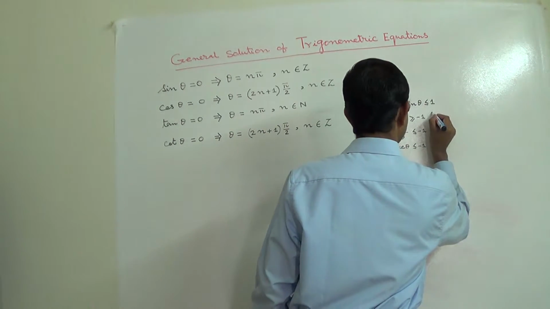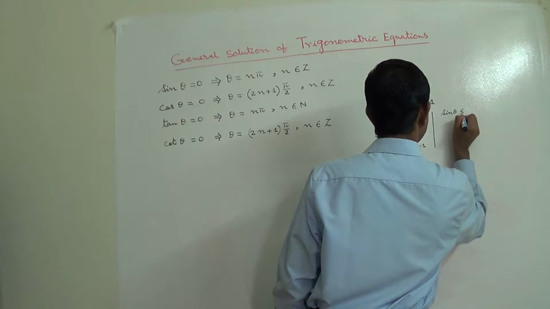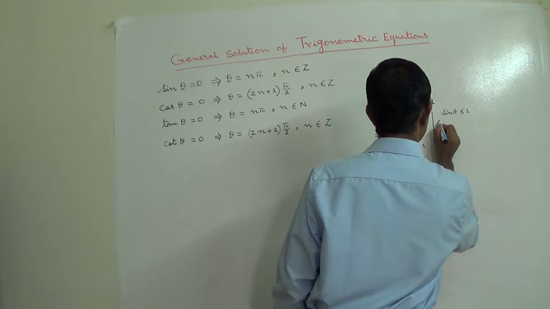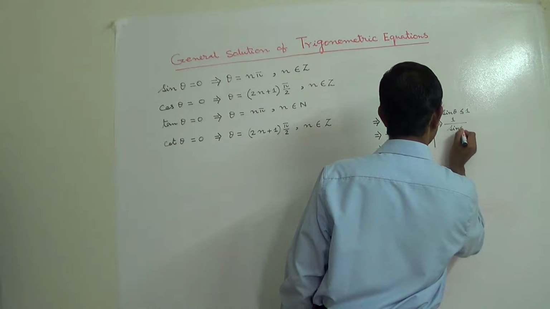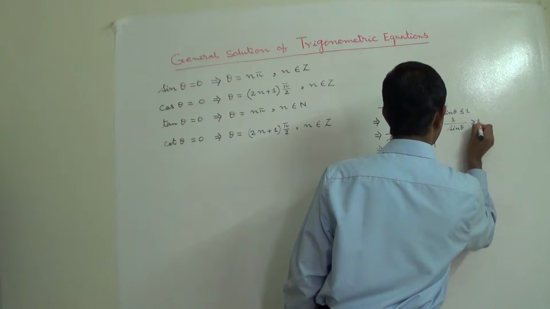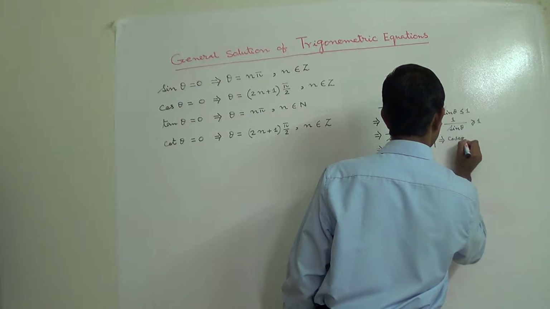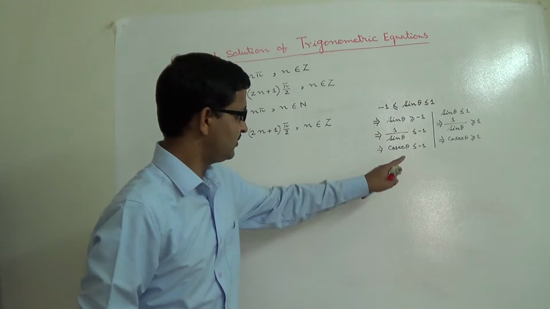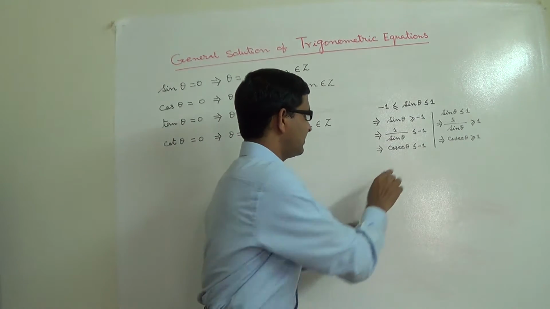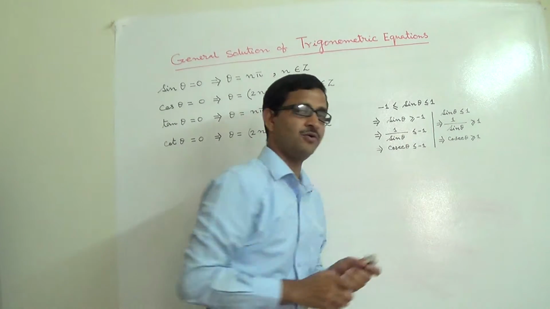And in a similar manner, we can say that sin theta is less than equal to 1. That implies 1 by sin theta is greater than equal to 1. That implies cosec theta is greater than equal to 1. So what we see? We see that cosec theta is either less than equal to minus 1 or greater than equal to 1.